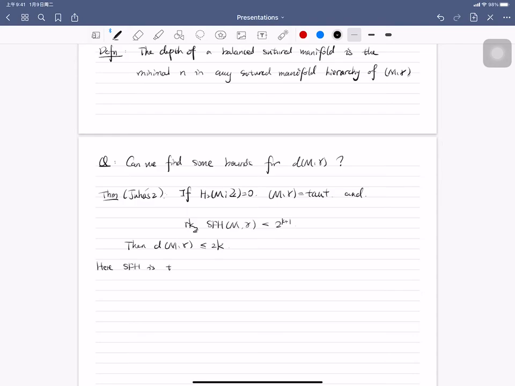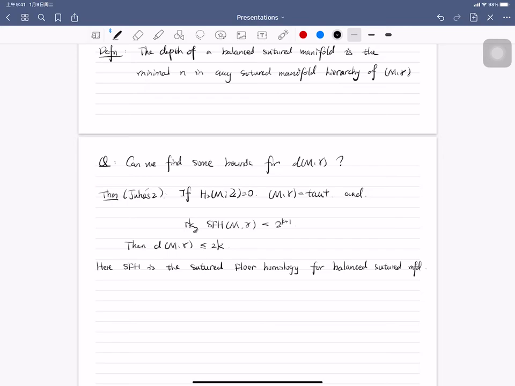Okay, so here SFH is the sutured Floer homology for balanced sutured manifolds. So you can consider it as an abelian group.